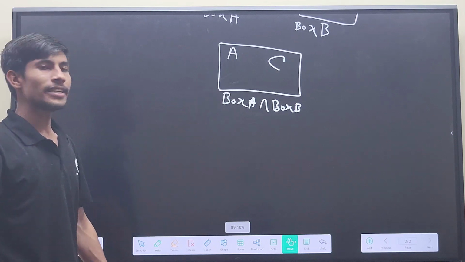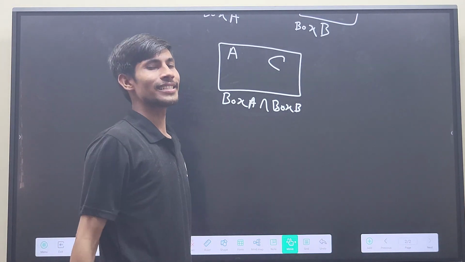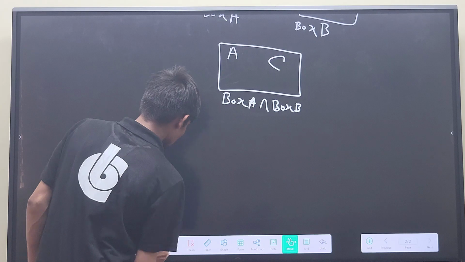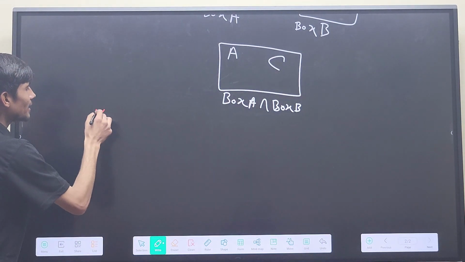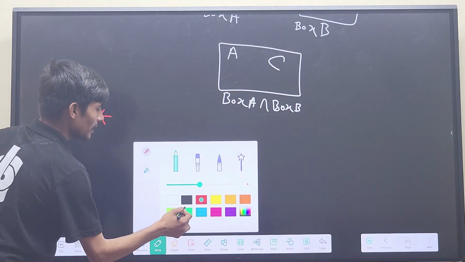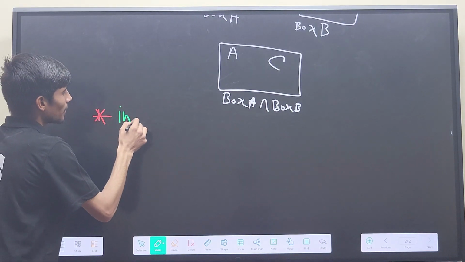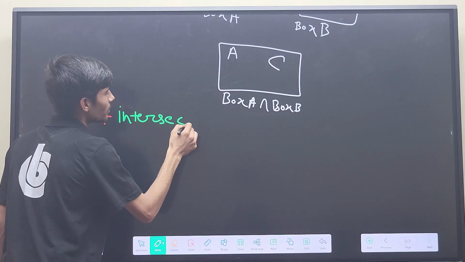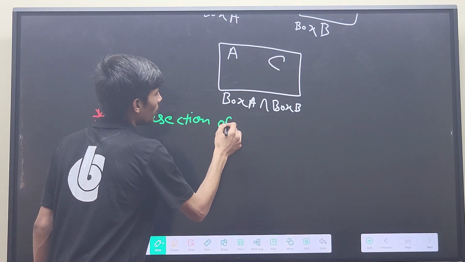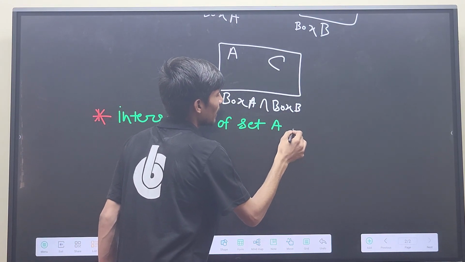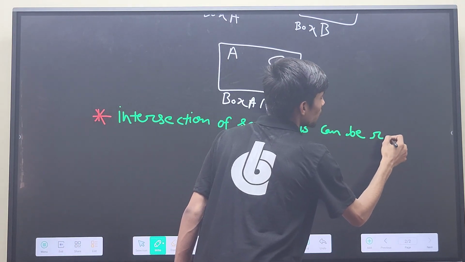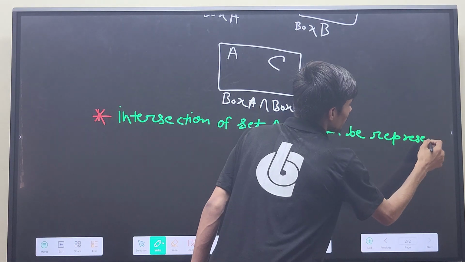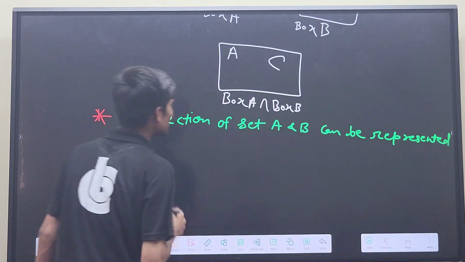Now, how do we represent an intersection? The intersection of sets A and B can be represented as how?